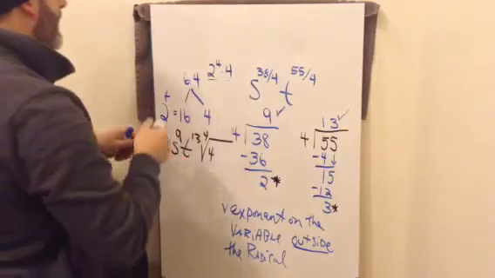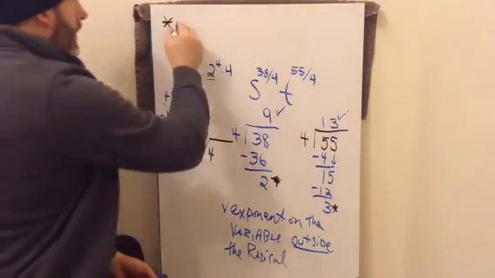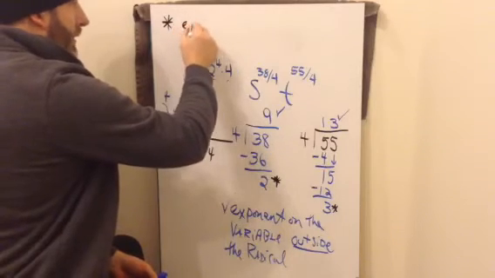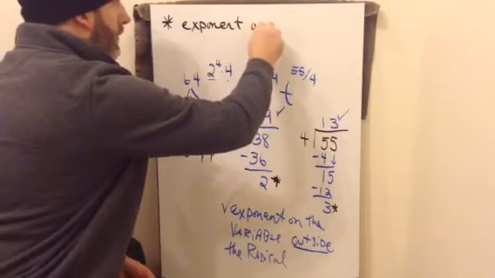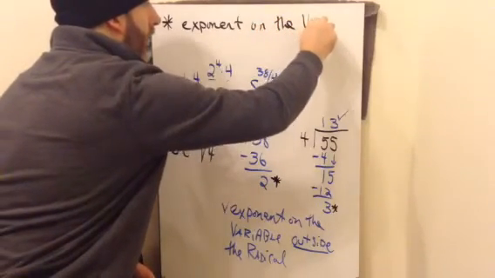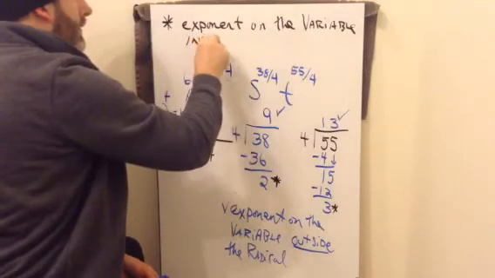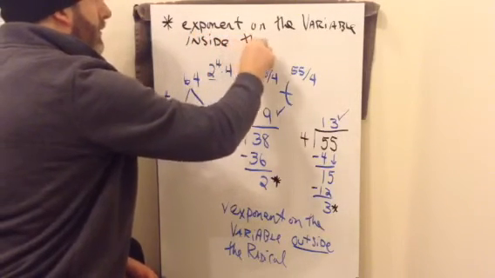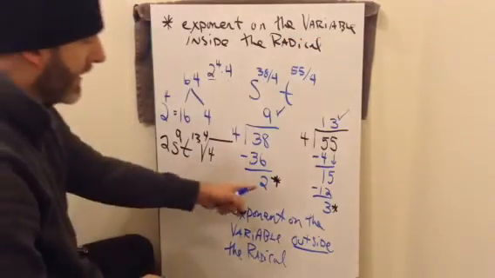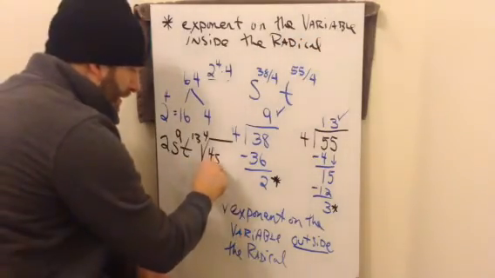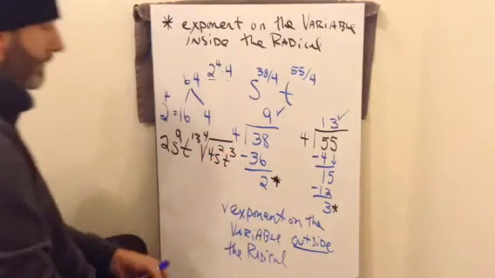The asterisk: those numbers, those remainders, are the exponent on the variable inside the radical. So anytime we get a remainder, we know there's going to be s, and I'm going to have 2 of them. There's going to be t, and I'm going to have 3 of them.